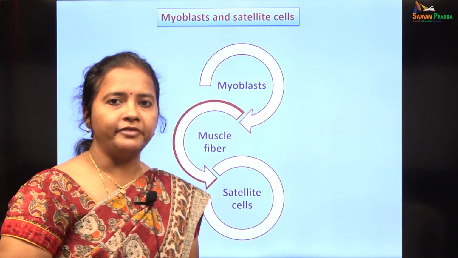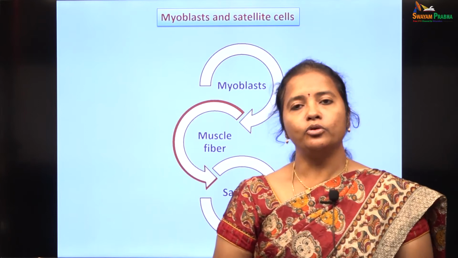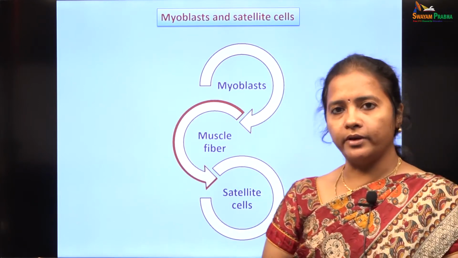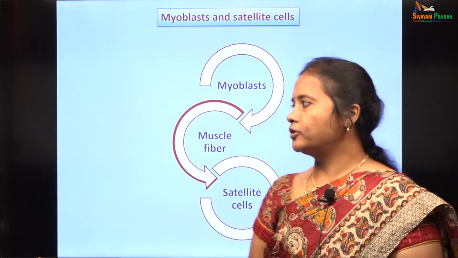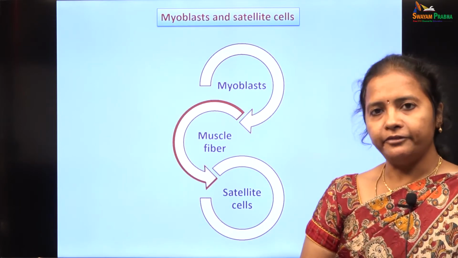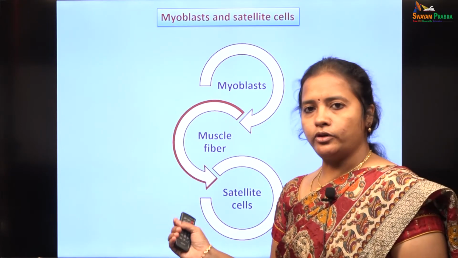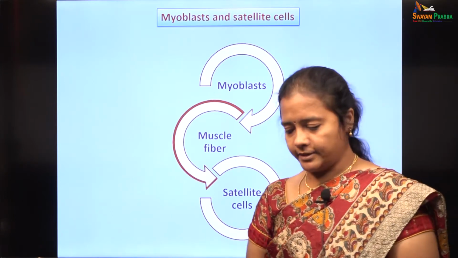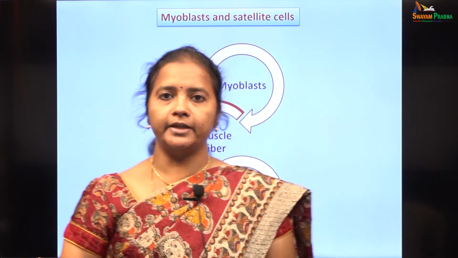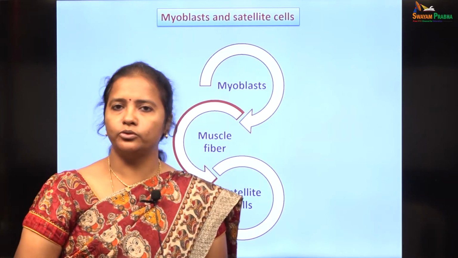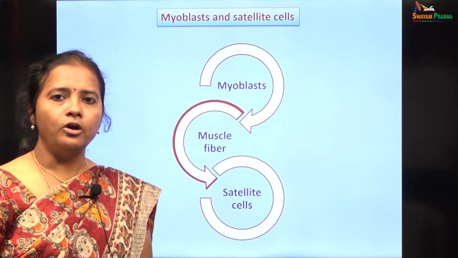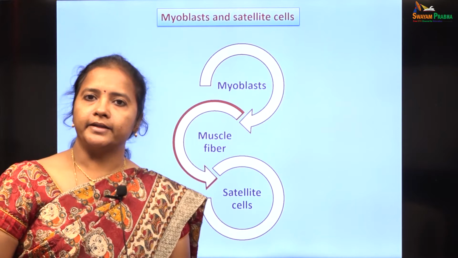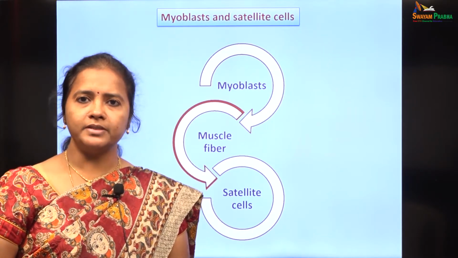The skeletal muscle fibers are formed from undifferentiated mononucleated cells called myoblasts during the embryonic stage and fetal life. After birth there is another group of cells called satellite cells, which are responsible for regrowth of the muscle fibers after an injury or trauma, and also for proliferation of the muscle fibers due to exercise.